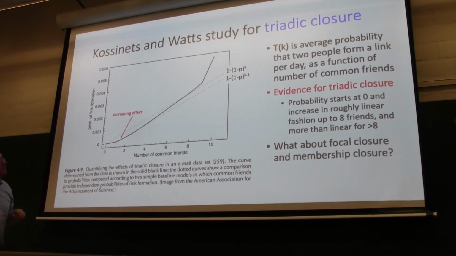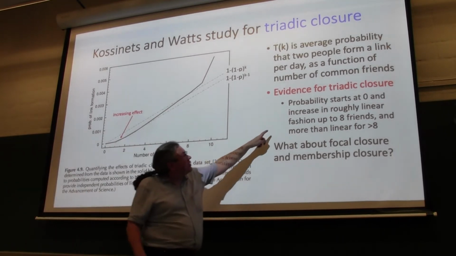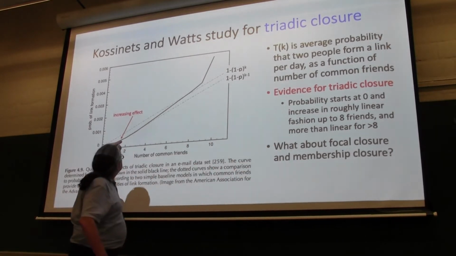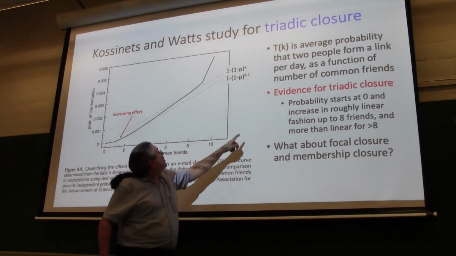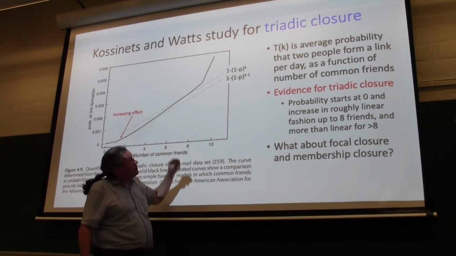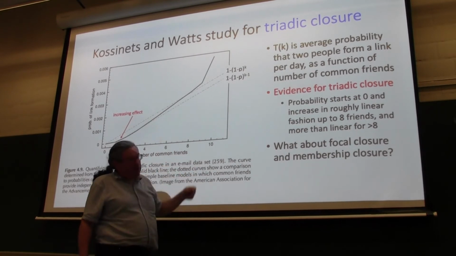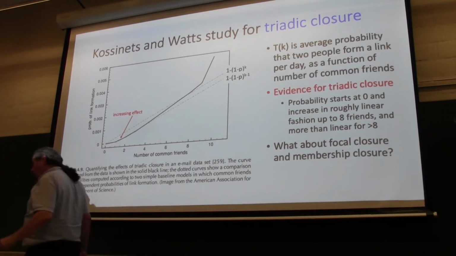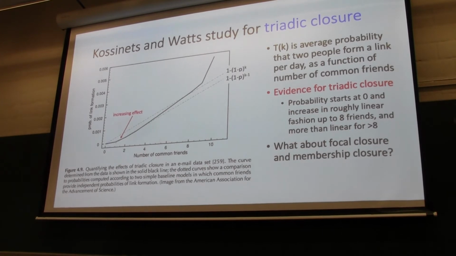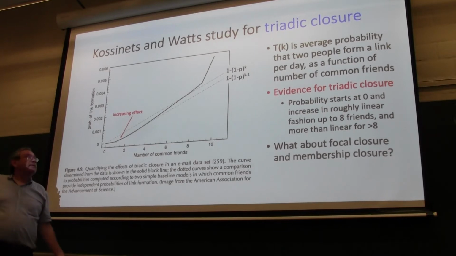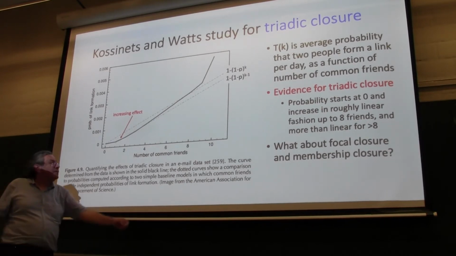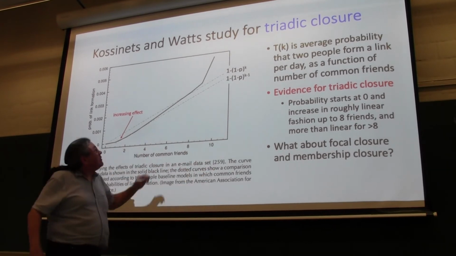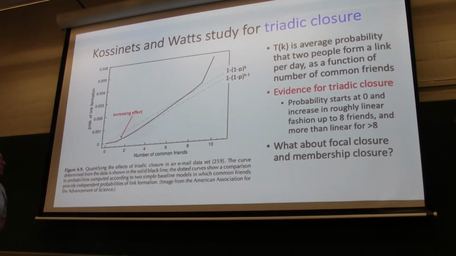This is giving real live evidence for triadic closure. Now, the probability starts at 0 and increases kind of linearly up to 8 friends, and then it goes up even more. If you have more than 10 friends in common, then it's very hard not to see that person all the time, and you probably have a lot in common with that person, so there's even more chance of becoming friends. And this is what they see in the email.